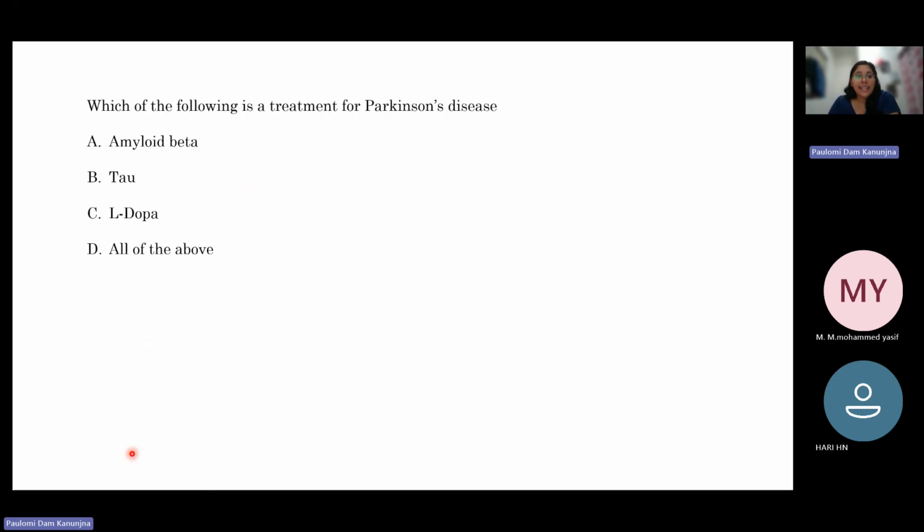Good. Next. Okay, now we come to treatment. I told you, after knowing what Parkinson's disease is and how it is caused, you now need to know treatment. So what is the treatment of Parkinson's disease that was discussed in the lectures? Any idea?